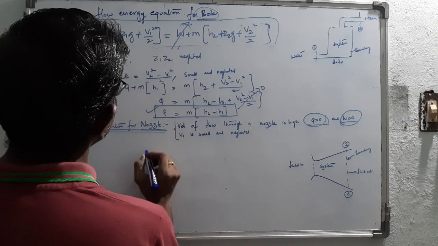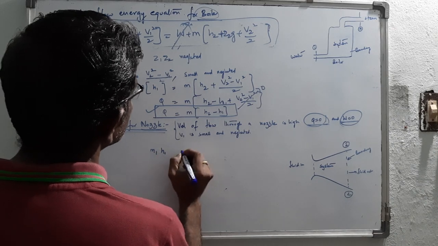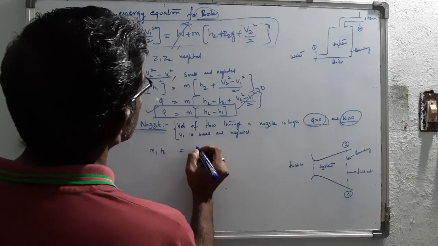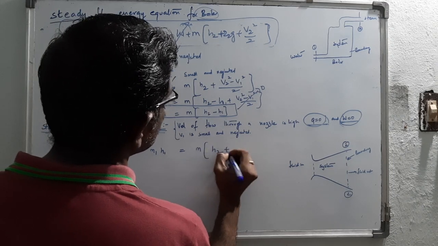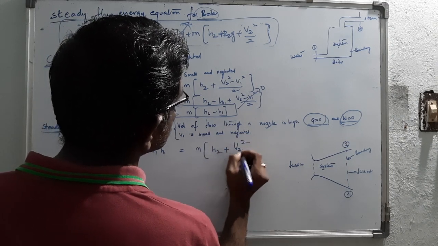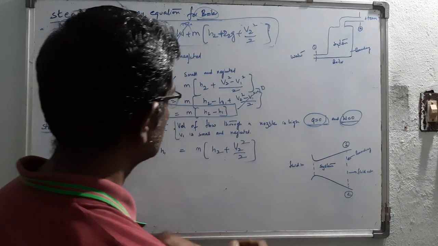So what are the remaining parameters? The final equation: m h1 equals m into h2 plus v2 squared by 2. This is your final equation.